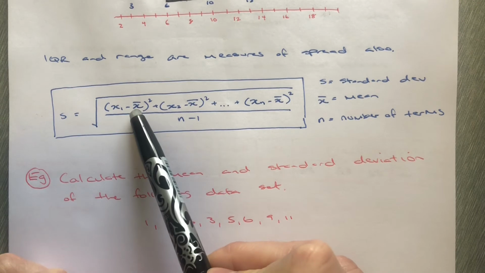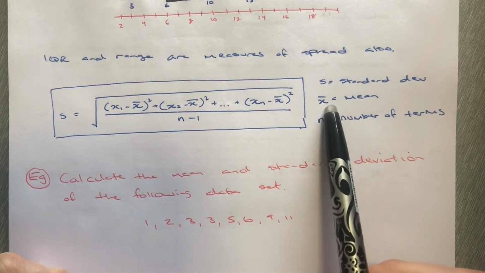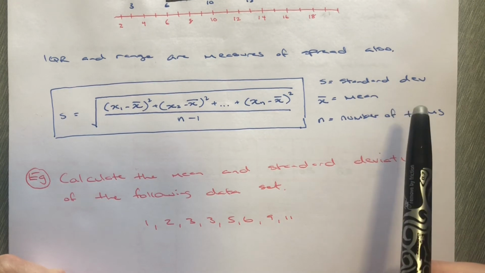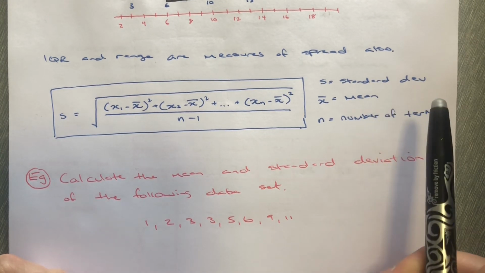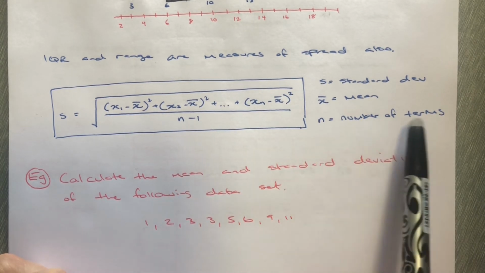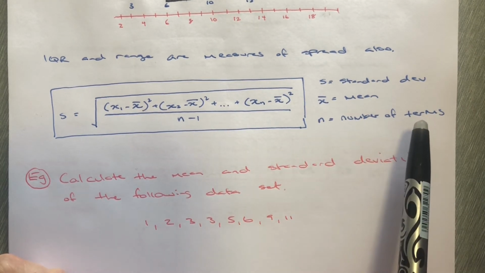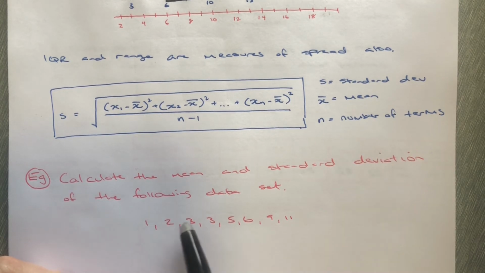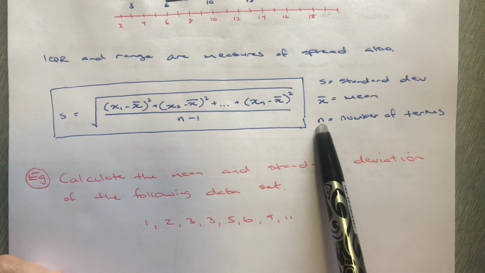Now, the x bar here, which I've got written over here, just means your mean or your average, which is something that we should know how to work out, but I'm going to do it for you anyway. And then n, which you can see down the bottom, is just however many numbers or terms you have in your data set. With this data set here, we've got 1, 2, 3, 4, 5, 6, 7, 8 terms. So n would be 8.